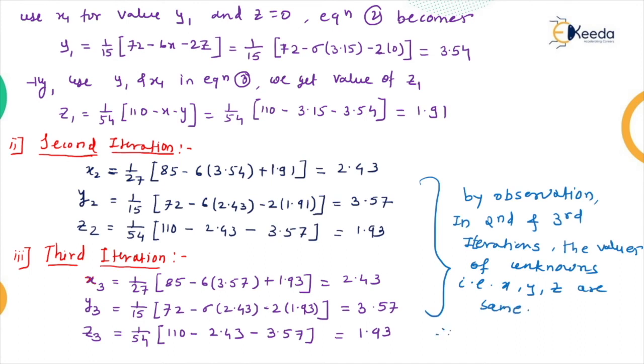So therefore we stop the iteration. Meaning if you get the same values in two consecutive iterations, then you have to stop this process, and finally you conclude the values of x, y and z.